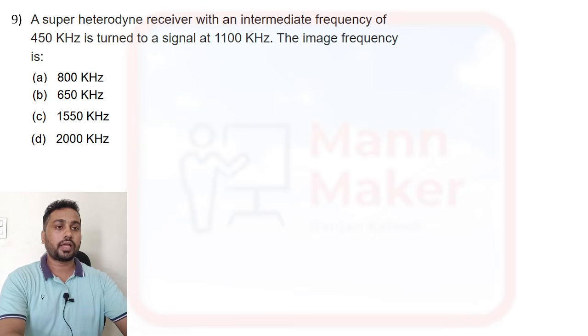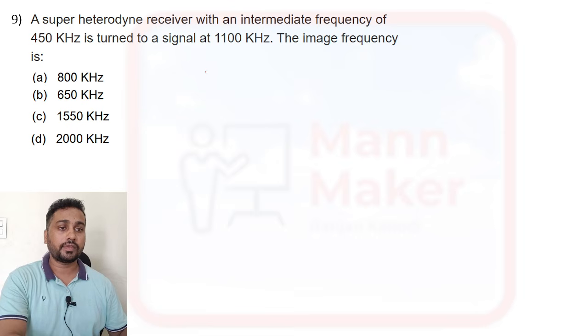A superheterodyne receiver with an intermediate frequency of 450 kilohertz is tuned to a signal at 1100 kilohertz. The image frequency is, we need to find the image frequency. So what we have been given: the intermediate frequency, you can write Fi, it is given as 450 kilohertz.